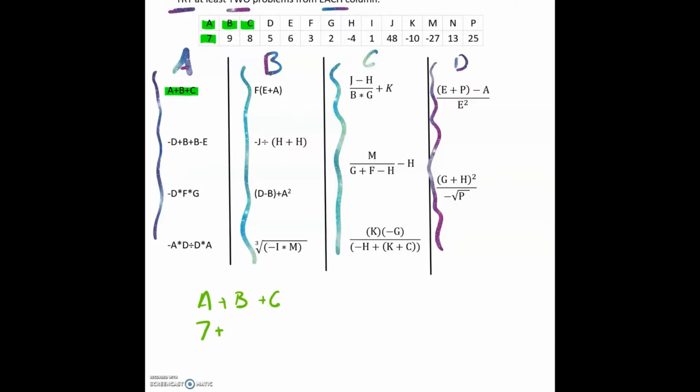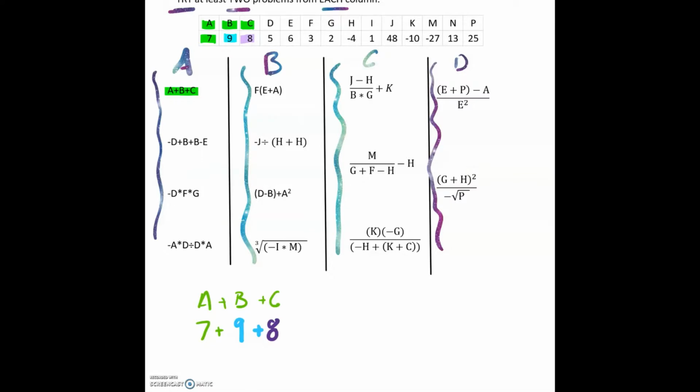Now, what is the value of B? 9. So I'm going to say 7 plus 9 plus, and what is the value of C? 8. Whoops. It's hard to see, isn't it? 8. Come down here and write 8. Now, what did we say about addition and subtraction up in our order of operations? What did GEMS tell us to do? We're going to add or subtract from left to right.